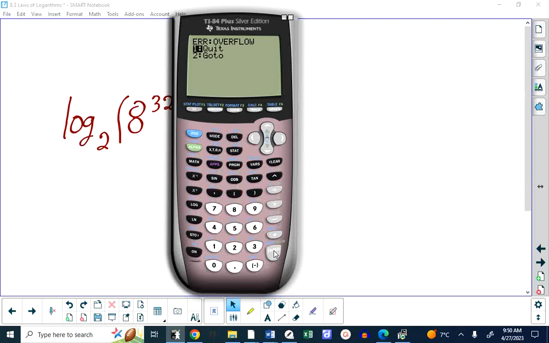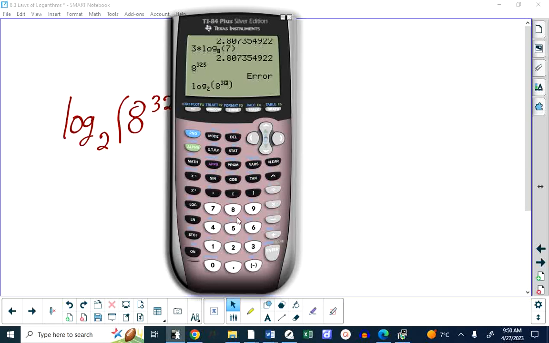So if you tried to put this into your calculator, log base 2 of 8 raised to the 325, I'm going under the assumption that your calculator is going to calculate that 8 to the 325 first and then take the logarithm of it.